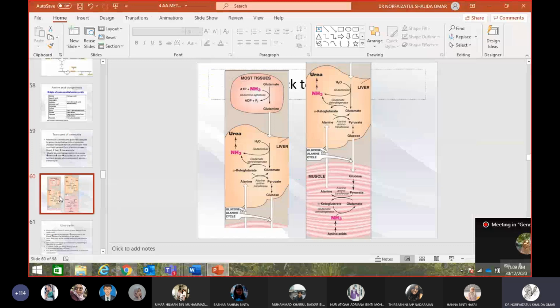Is this transamination or oxidative deamination? There's glutamate and then glutamate synthase.